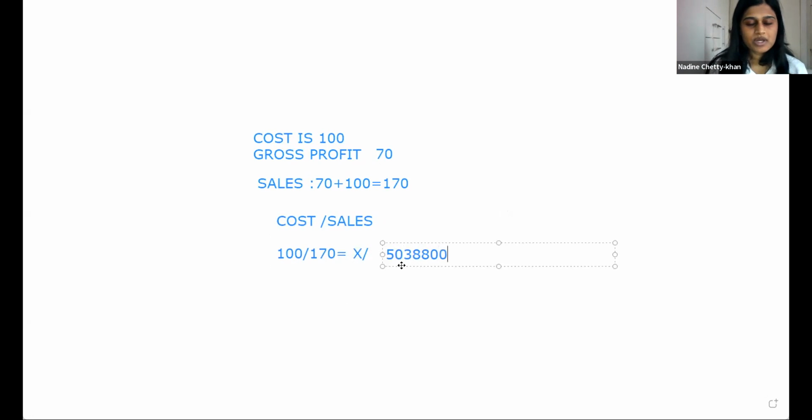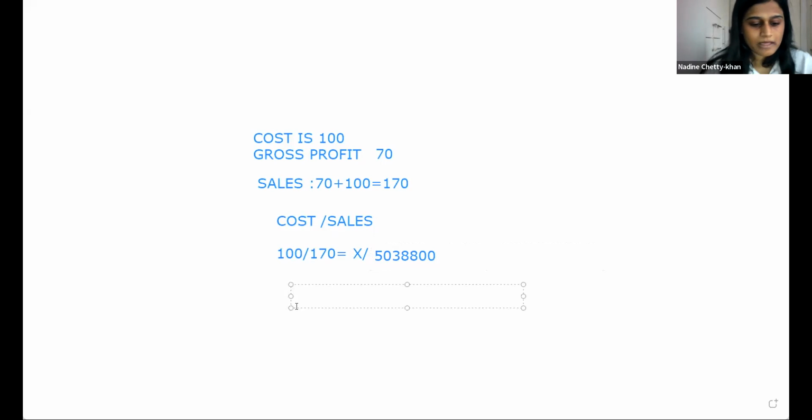So 100 is cost of sales divided by 170. That is based on the ratio given to us in the scenario, right? Then I've translated that ratio to represent the numbers in our trial balance. X is what we're solving for, which is cost of sales. Sales, we know we've totaled that amount of 538,800. So how do you now solve for X?